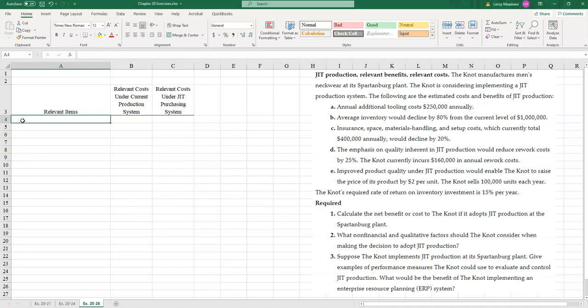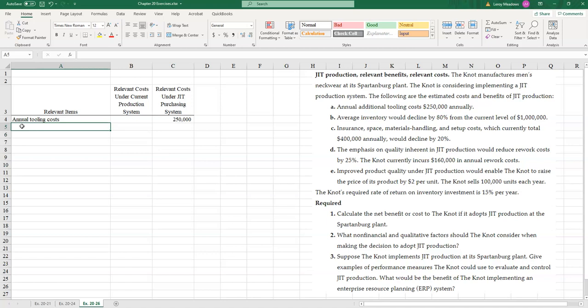So what was the first thing? Well, we're told annual tooling costs would be $250,000 annually. So I can just add in here annual tooling costs.